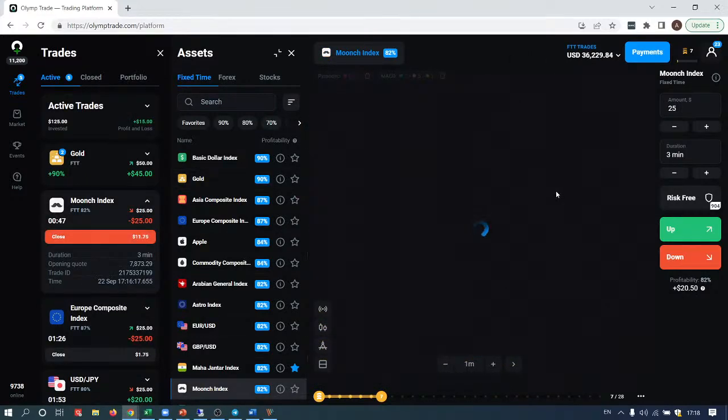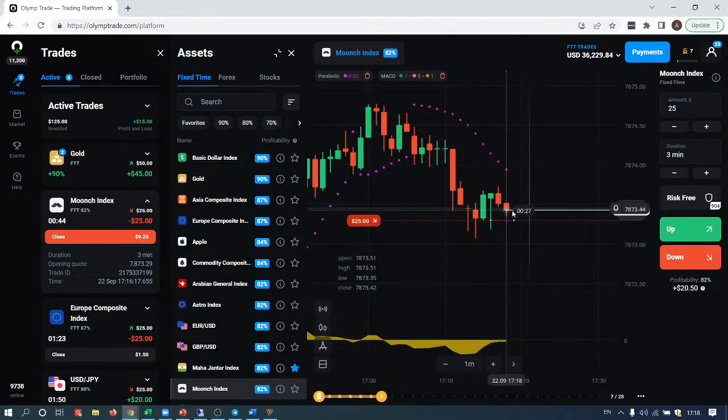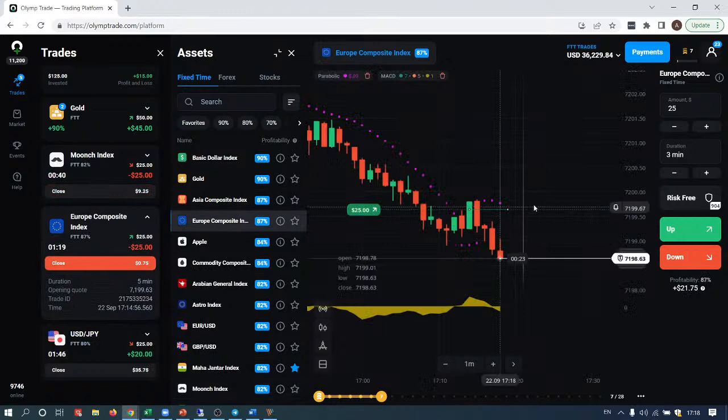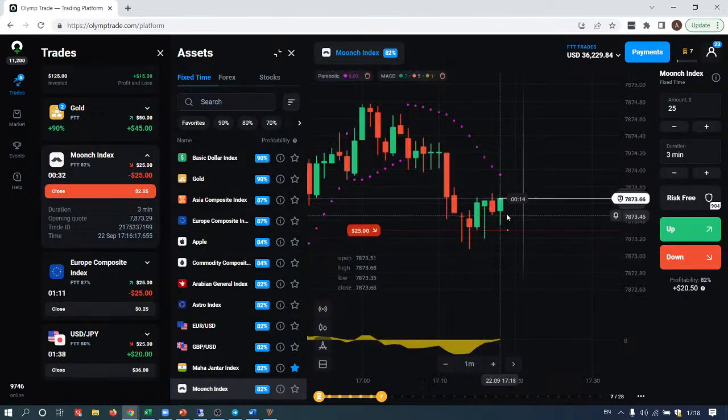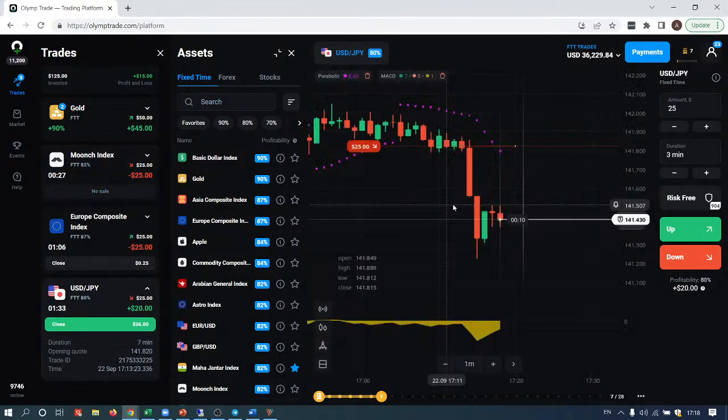So yeah, wow. Okay. So Munch index. Yeah, I don't want to close this trade prematurely. All right. So this was a false signal. Europe Composite Index. So it just keeps dropping. So Munch still 30 minutes to go.